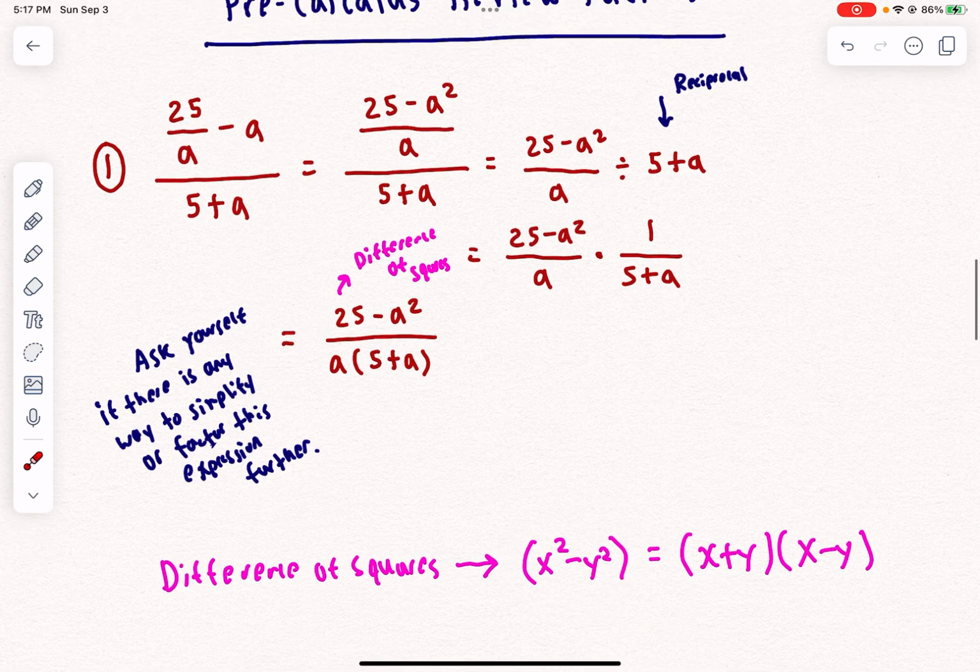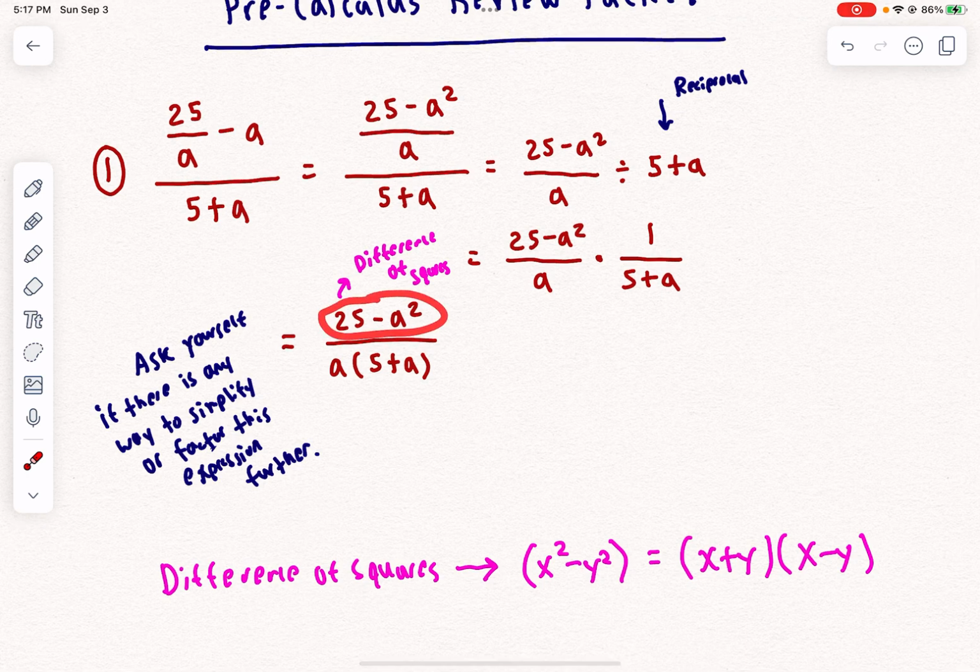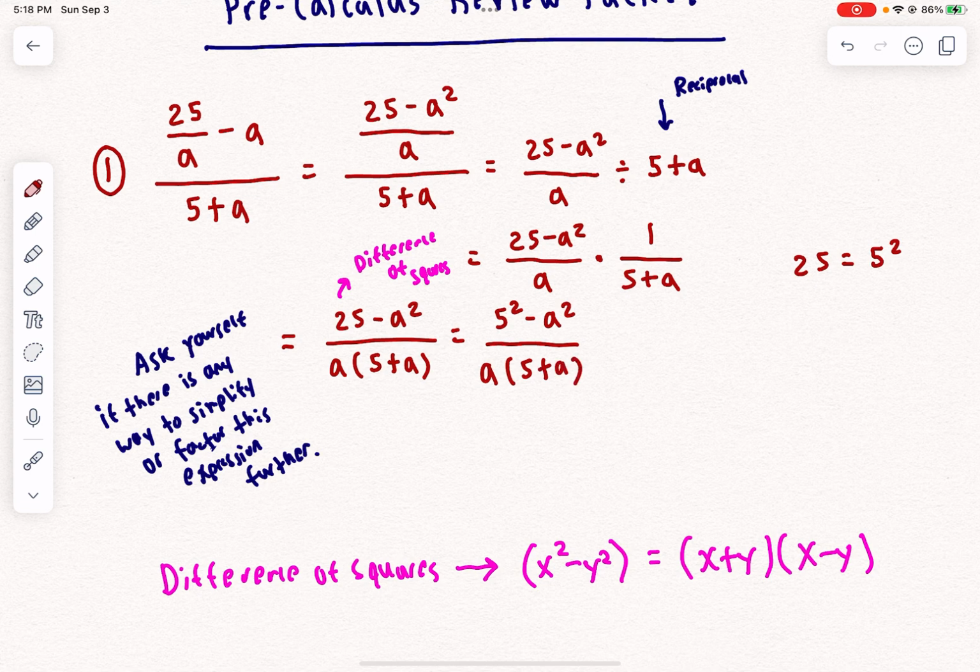So if you look back at this numerator, notice that you're able to write this as 5 squared, because 25 equals 5 squared, minus a squared, all over a times 5 plus a.